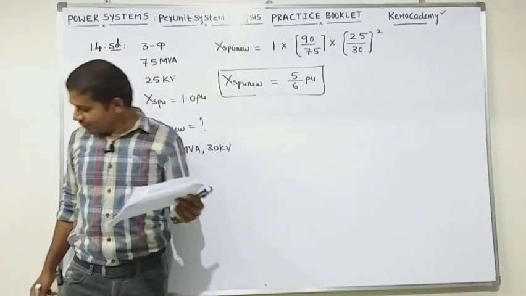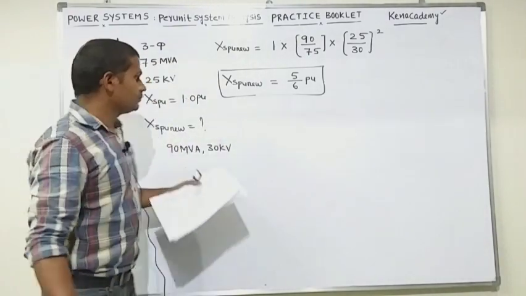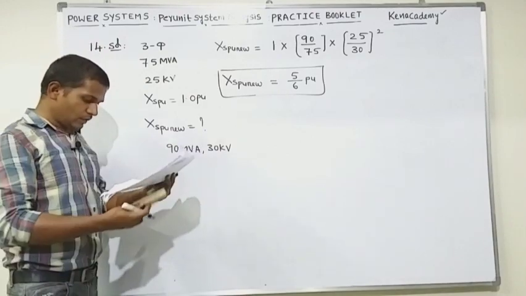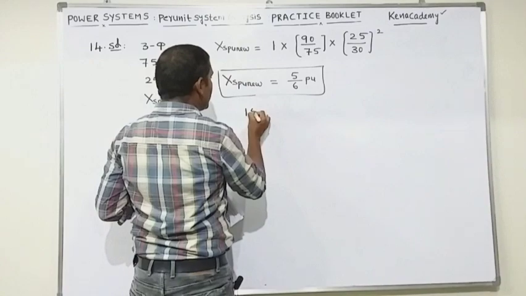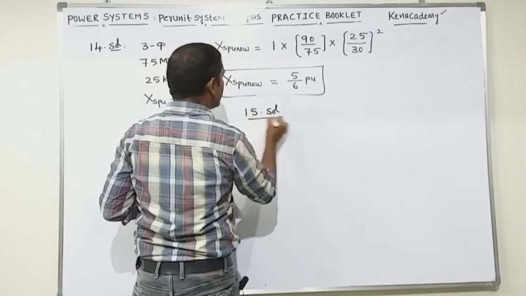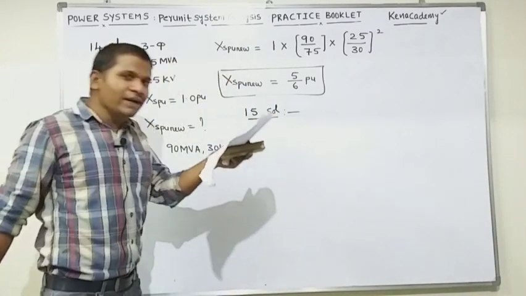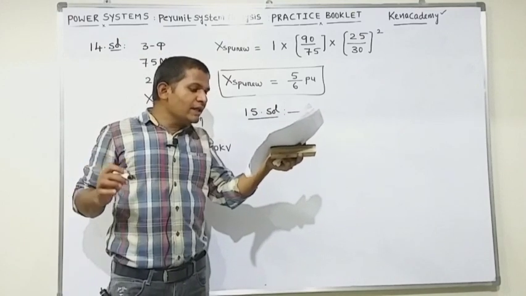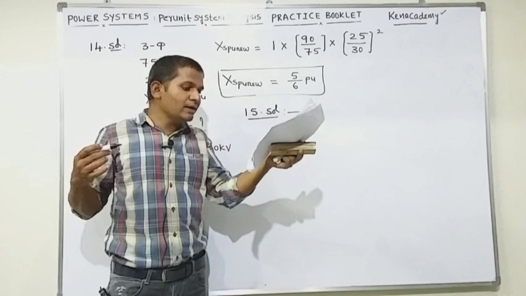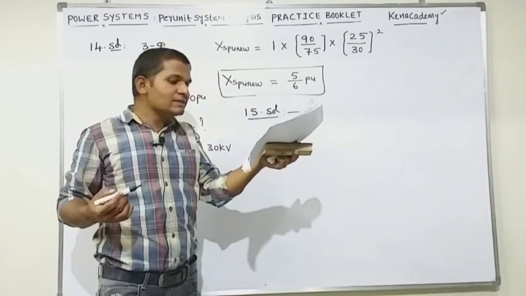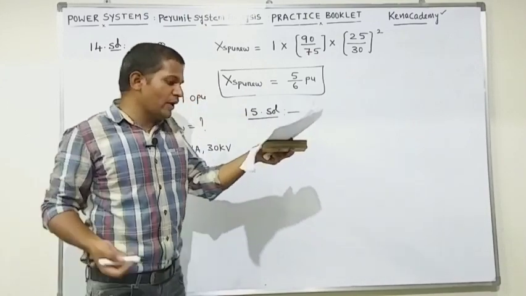Students, concentrate. Question number 15. I am explaining the solution for question number 15. I am reading the question. A 400 kVA, 11 kV by 132 kV delta star connected 3-phase transformer has reactance 0.12 per unit.